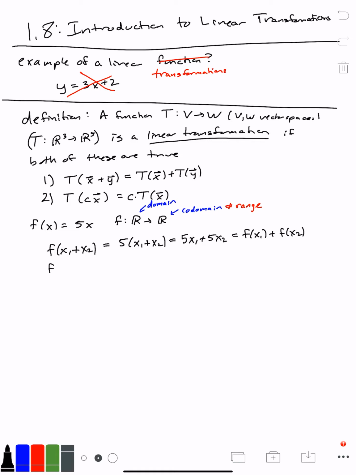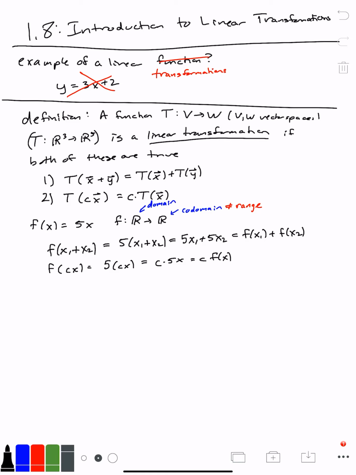Similarly, if I take a number and multiply it by a constant c, we'd have 5 times cx. Based on the associative and commutative properties, I can rearrange this to c times 5x, which is c times the output. So this function satisfies both properties.